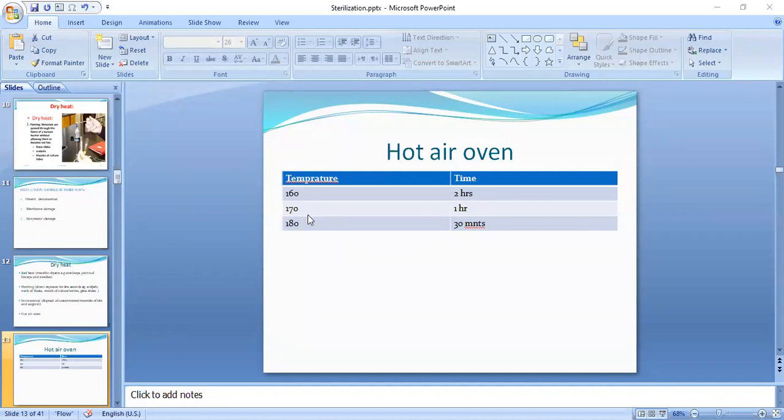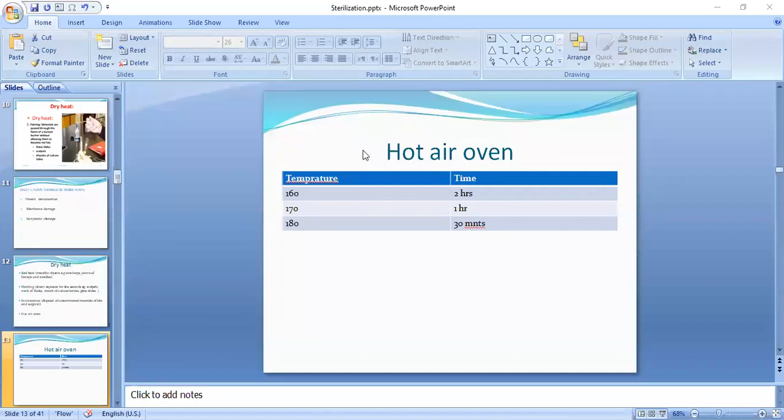And if we increase the temperature, time is reduced. If it is 170 centigrade, the time is 1 hour. And if the temperature is raised again, to 180 centigrade, 30 minutes are allowed.